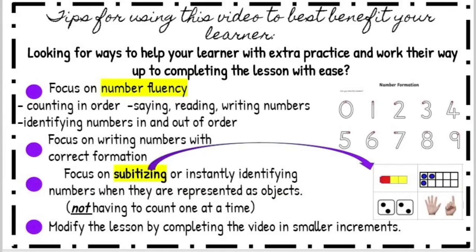And another modification that is really important for mathematicians is, are they able to subitize? Subitize is when they can identify a number just by looking at the amount of objects that are representing the number without having to point and count one at a time. And you can always modify these lessons by completing the video in small increments.